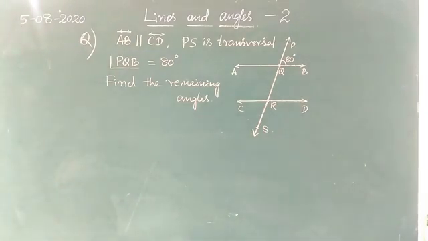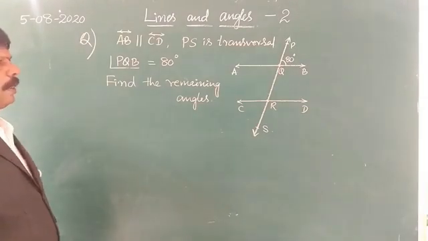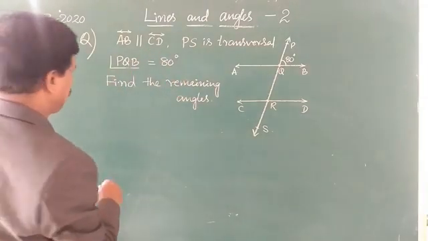What is the question given? AB and CD are the two parallel lines and PS is a transversal line. Then what do you have to find out? You should find out the remaining angles because one angle is given as 80 degrees. Okay. Now I am proceeding like this.